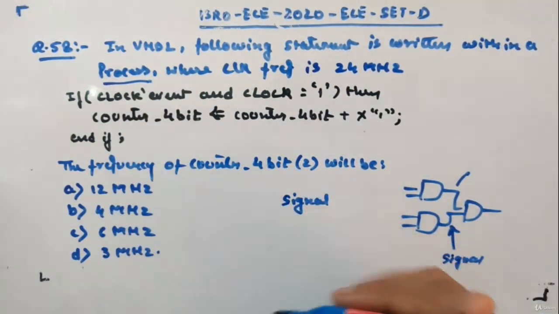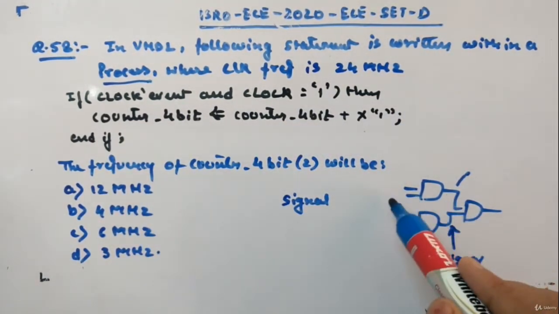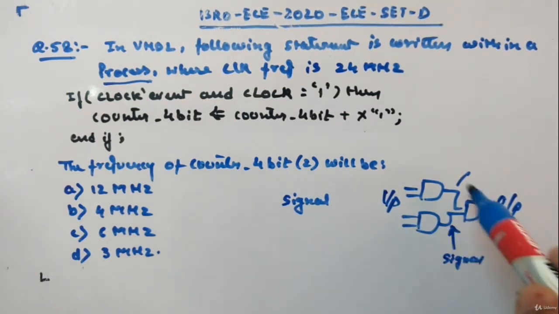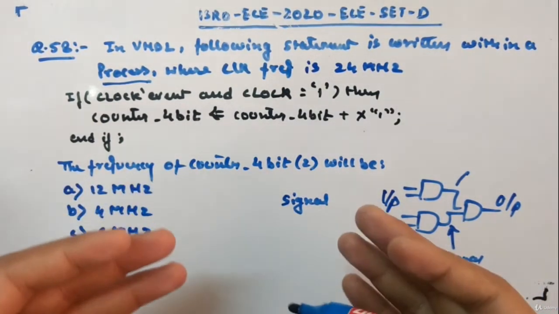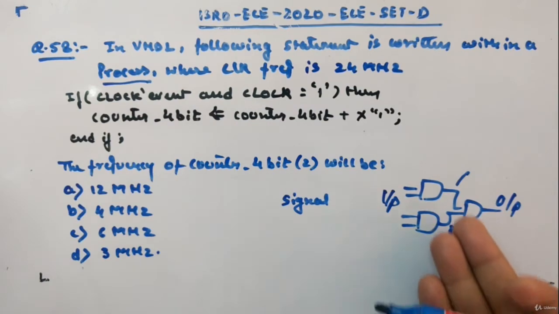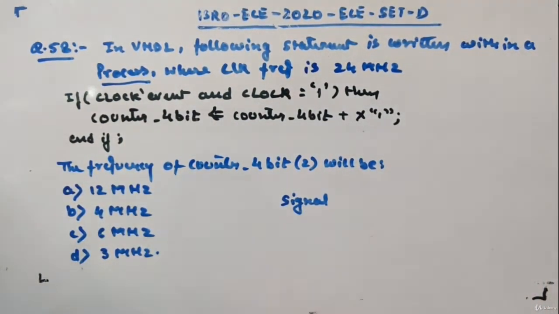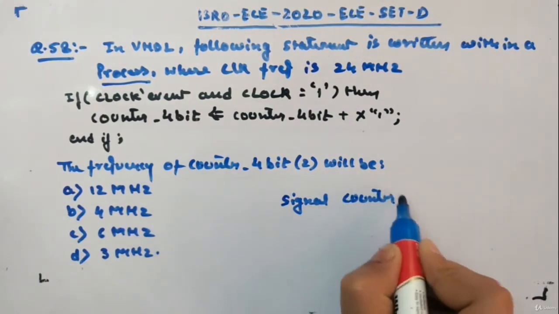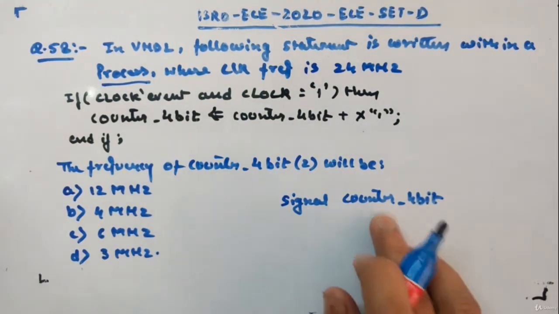You have to work with signals if you want to manipulate them. These will be inputs, these will be outputs, and the intermediate signal lines are called signals. Likewise in VHDL we define them as signals, so you can think of this counter_4bit as a signal.